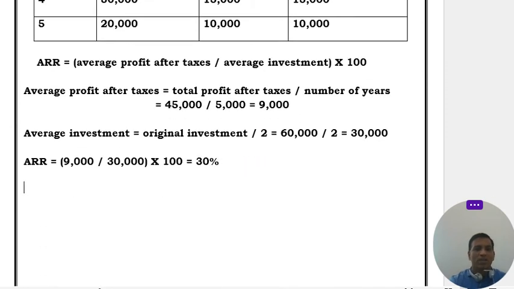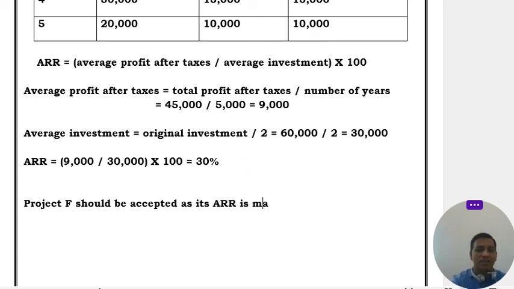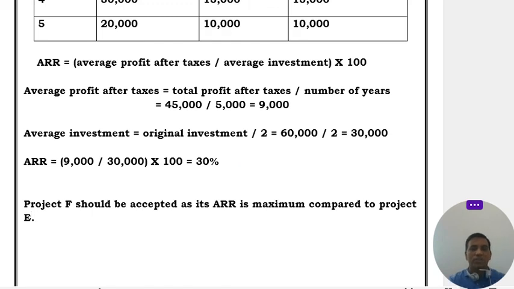So the decision is project F should be accepted, as its ARR is higher compared to project E. That's why we are accepting project F.